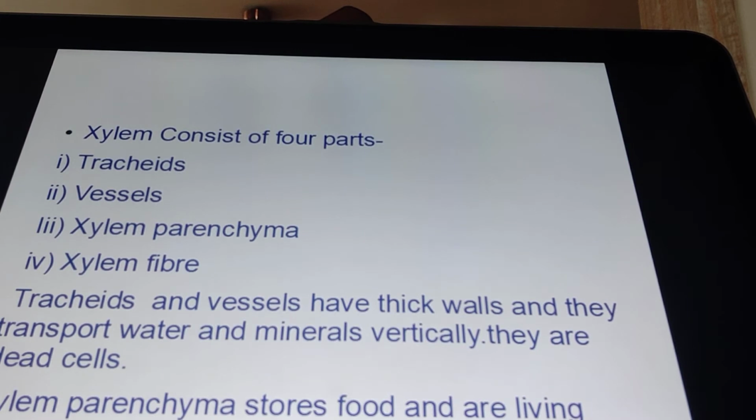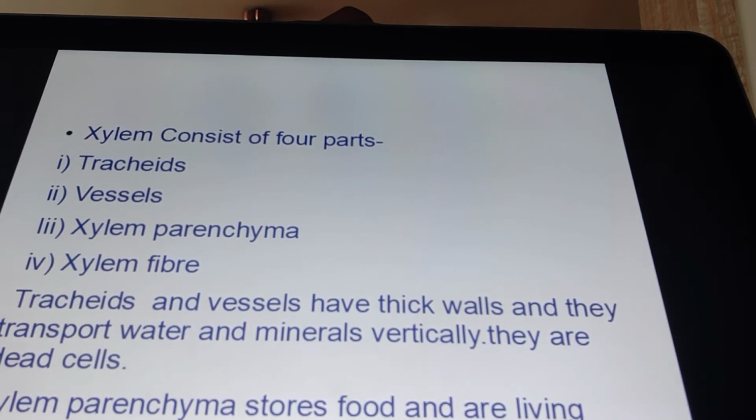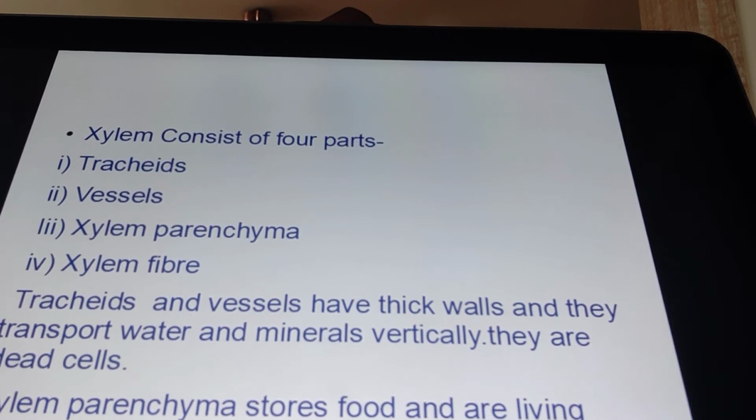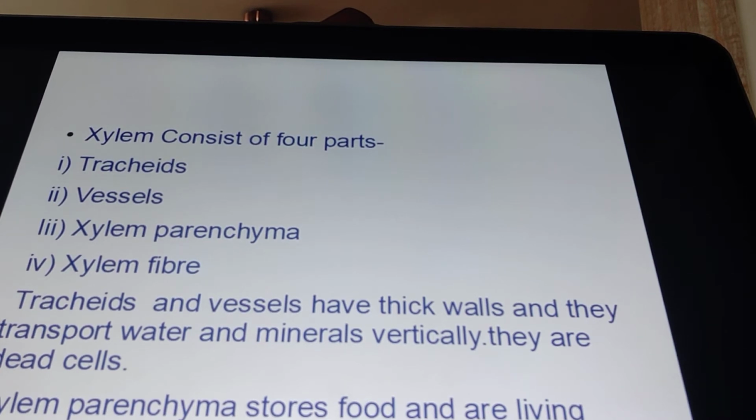When we see the structure of tracheids, it is a long elongated hollow cell. These are all cells: tracheids, vessels, xylem parenchyma, xylem fibers, and they have different structures. So when we see tracheids, it is long, elongated, hollow and tapering at both ends.